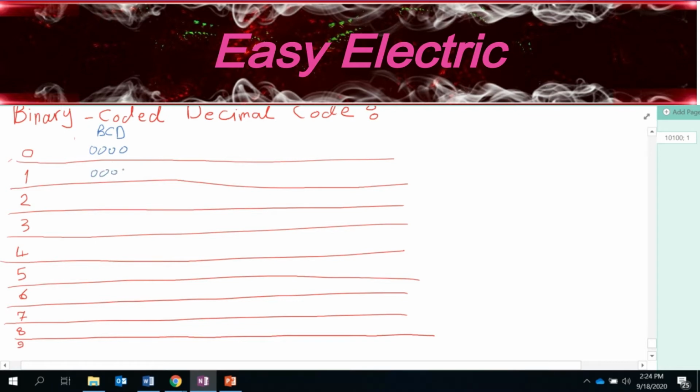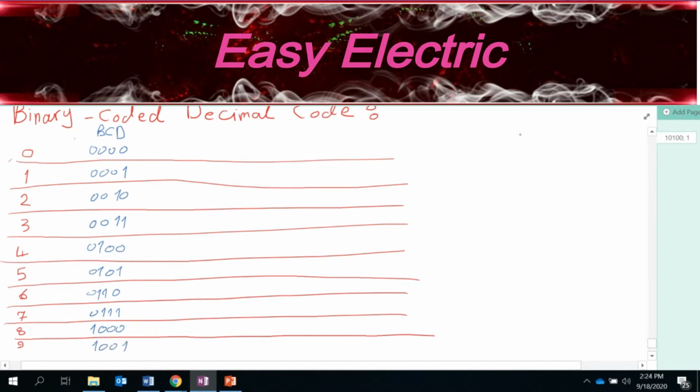So 1 is represented with 0001, and 2 with 0010, and 3 with this, 4 with this, 5 with these 4 bits, 6 with this, 7 with this, 8 with these 4 bits, and 9 with this bit pattern.